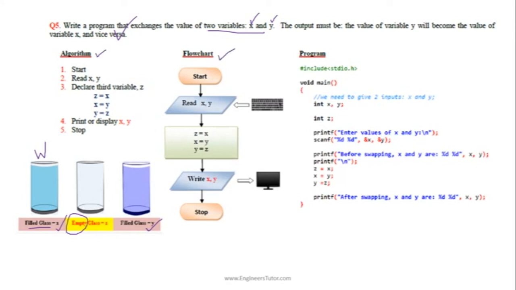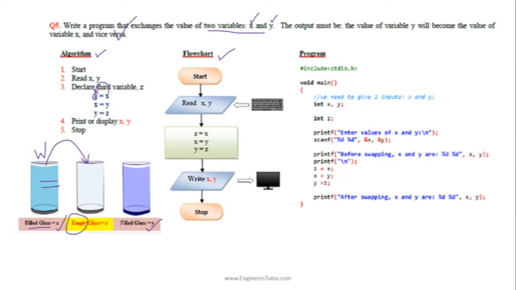You can understand. See here that we take the third glass, third variable z. We put z is equal to x, meaning the value of x is transferred to z. First we fill this glass into z, then this glass will become empty.